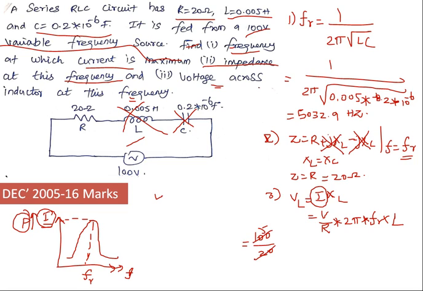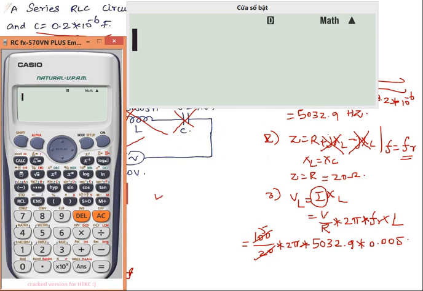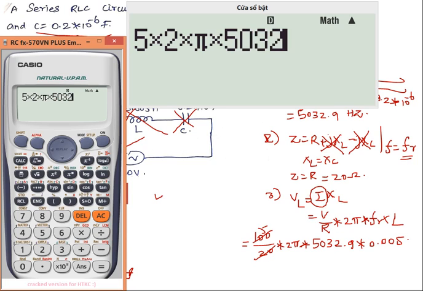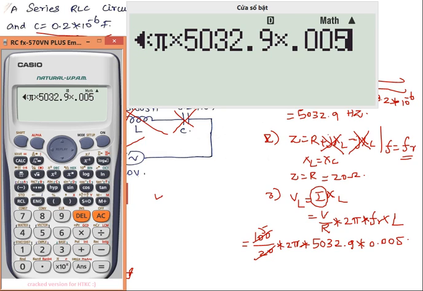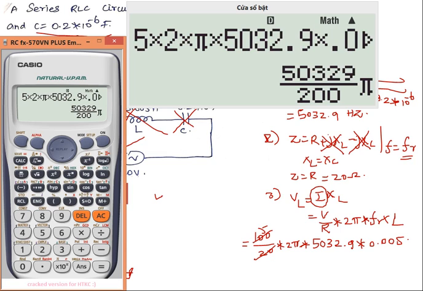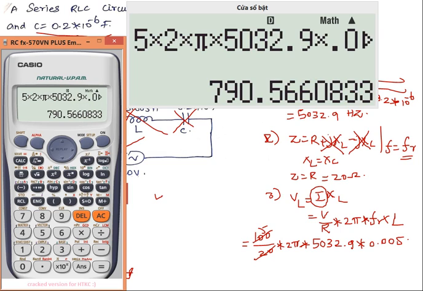So this is equal to 5 multiplied by 2 pi multiplied by the resonant frequency 5032.9 Hertz into the L value 0.005 Henry, which is equal to 790.566 volt.